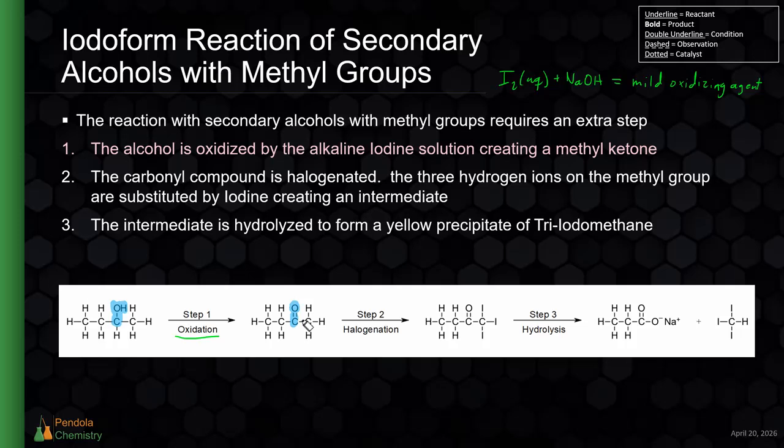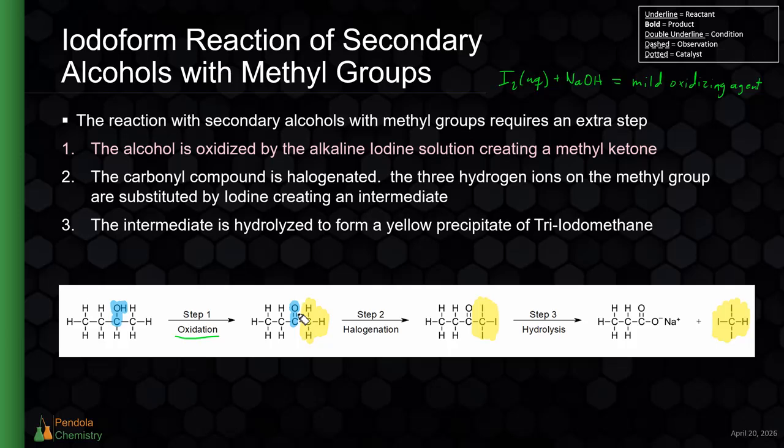The two successive steps after that are the same. That methyl part of the methyl ketone we just created gets halogenated into a tri-iodomethyl group, and then that gets hydrolyzed and broken apart into our iodoform and our carboxylate ion. But this is the first initial step that makes this possible: the alcohol getting oxidized by the iodine and sodium hydroxide into a ketone that is now a methyl ketone that can undergo that reaction.